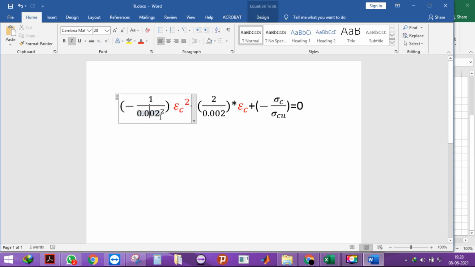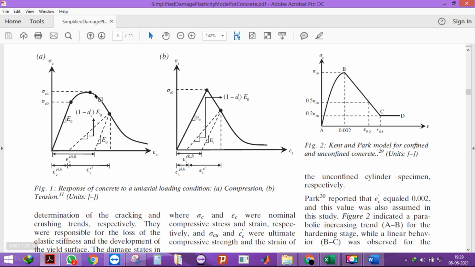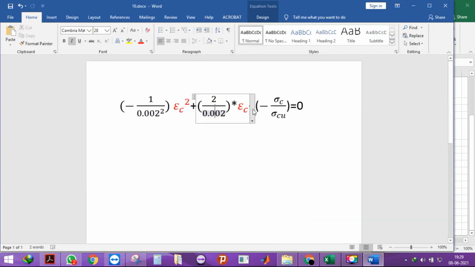Here this is the quadratic equation. That equation has been modified, and the strain is taken as 0.002, and this is the ultimate stress, and the yield stress is 0.5 times the ultimate stress, so sigma c will be 0.5 times sigma cu.